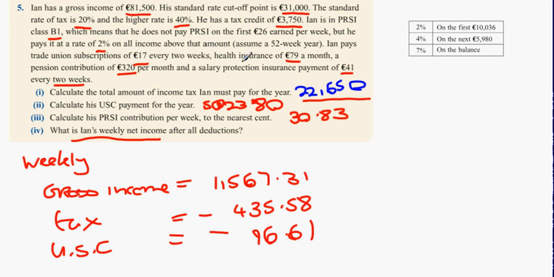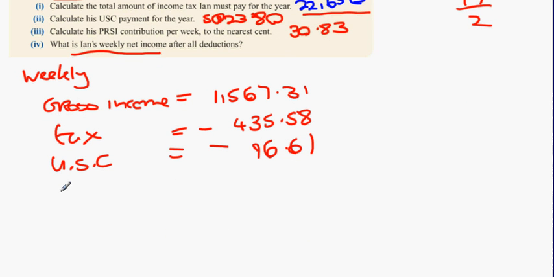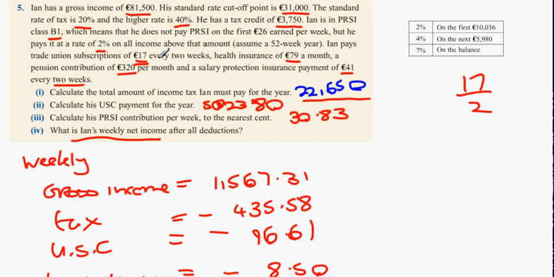Ian pays trade union subscriptions of €17 every 2 weeks. So you divide by 2 and you get €8.50. So his trade union will be €8.50. Take that away. And then health insurance, €79 a month.